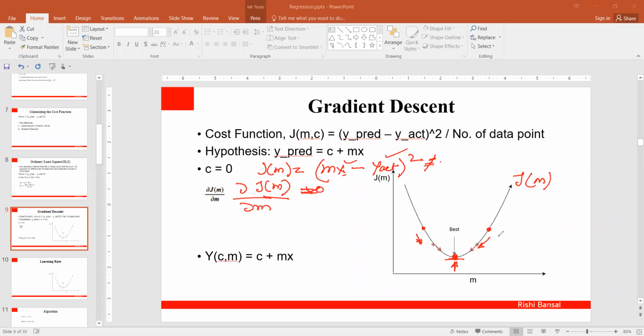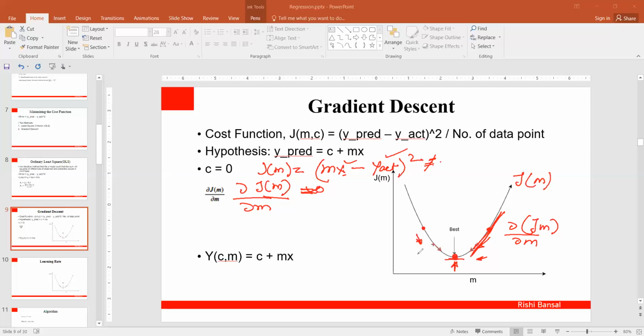So at this point, my value is this. What should I do to move towards this point? Remember, at this point my slope is positive. So what should I do so that I will start moving towards left? Any idea?